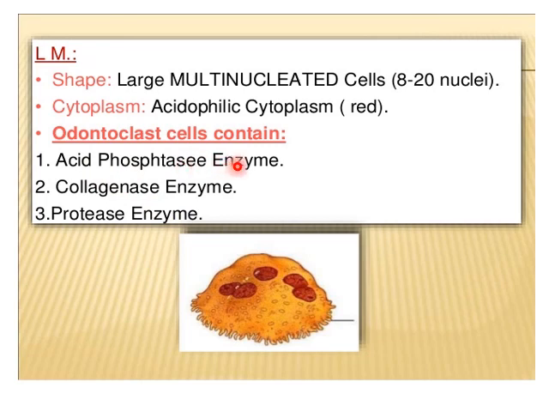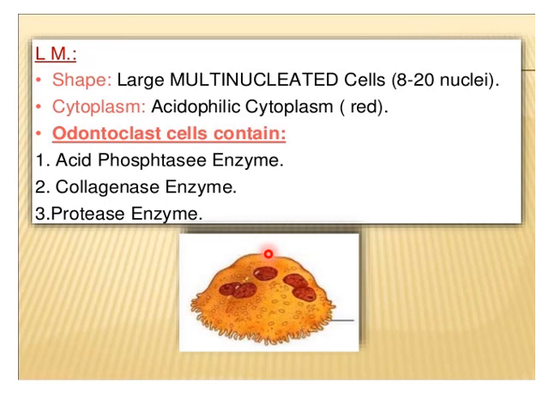Acid phosphatase degrades the hydroxyapatite crystals, or inorganic component of hard tissue like dentin, cementum, or enamel. Collagenase degrades the collagen fibers present inside the dentin and cementum, and protease degrades the protein present inside the hard tissue component.